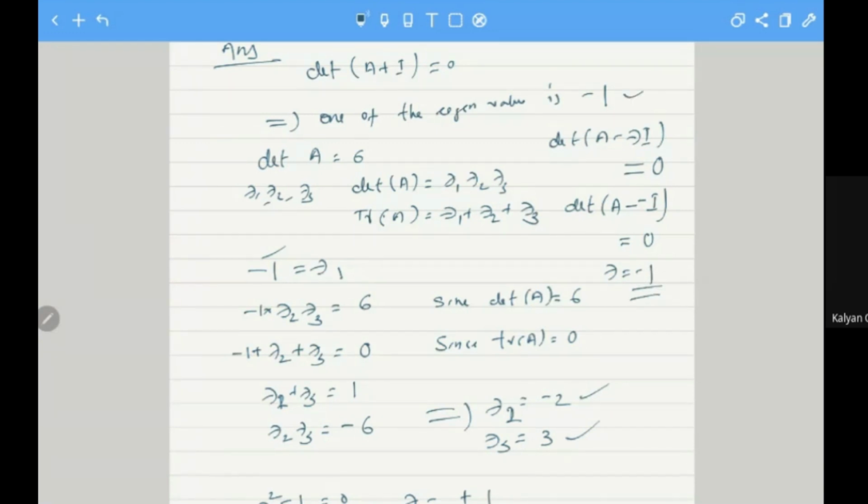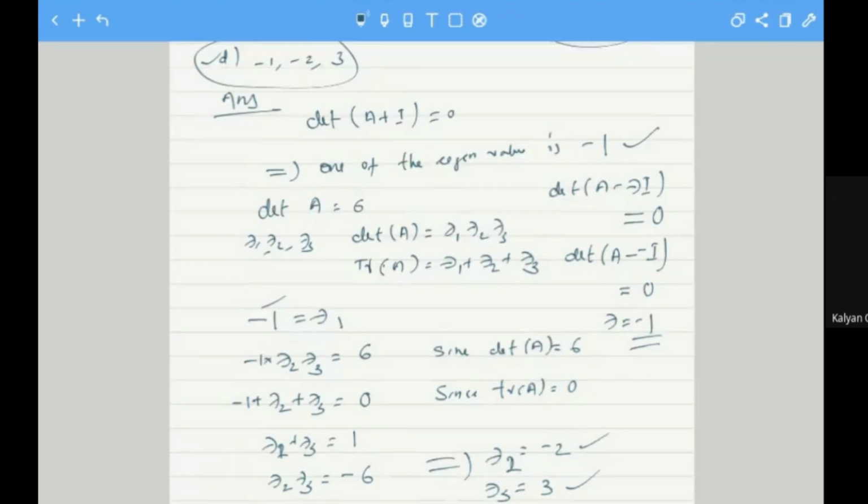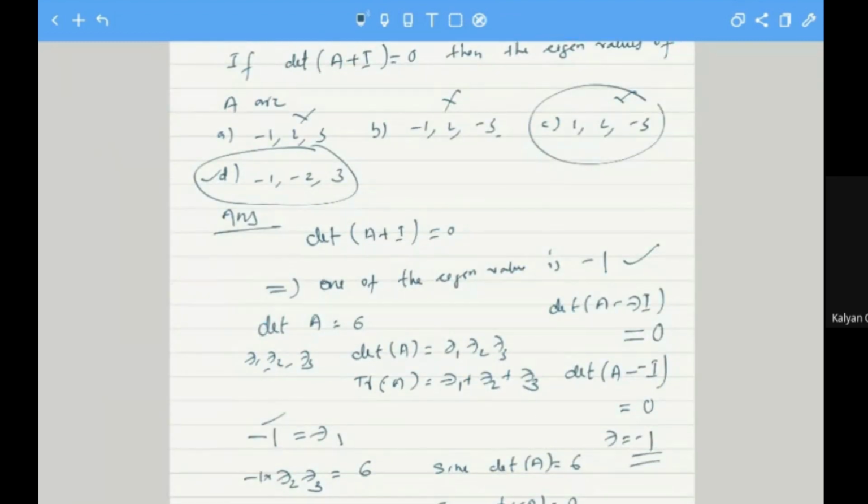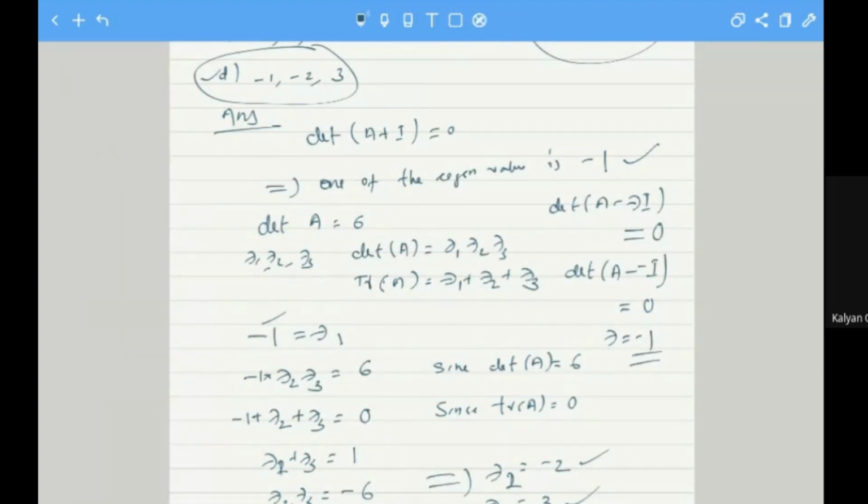But from here, determinant equals lambda1 into lambda2 into lambda3 and trace equals the sum of the lambdas. From here we could already calculate the answer, no? Yes, but it won't be easy to calculate with just these two pieces of information, right?